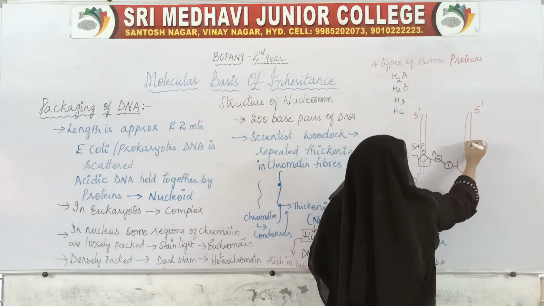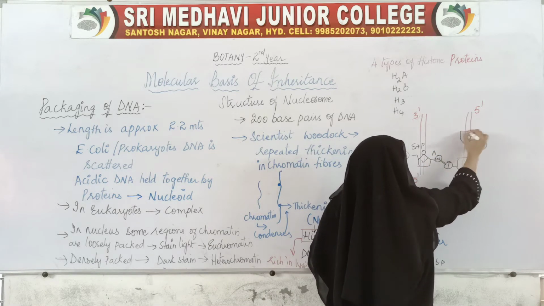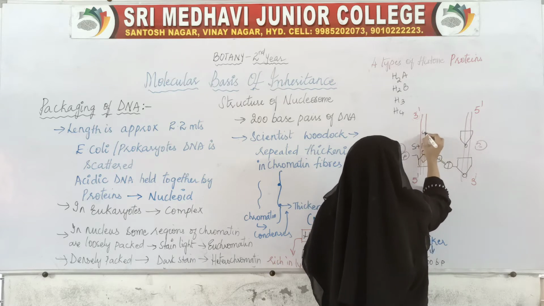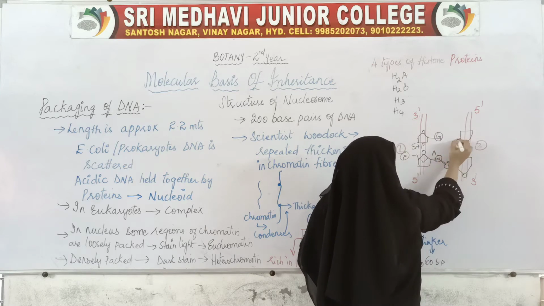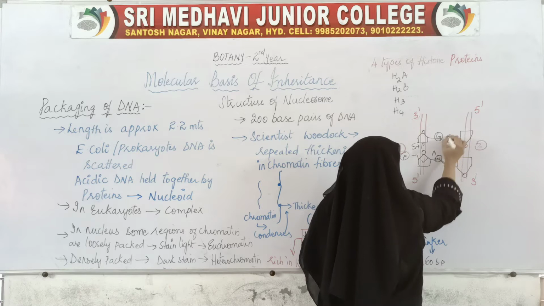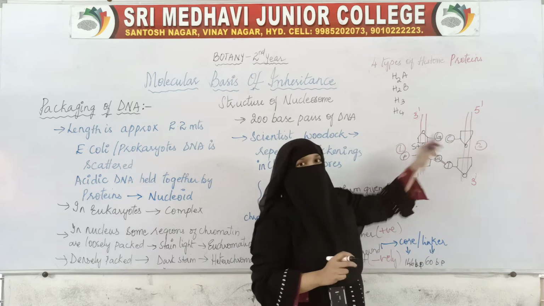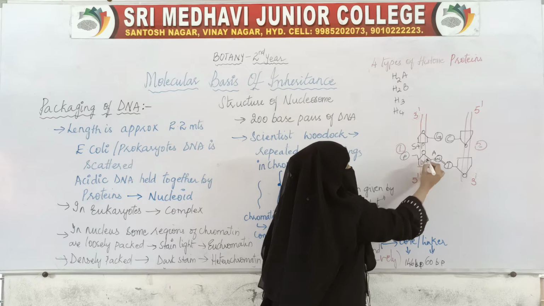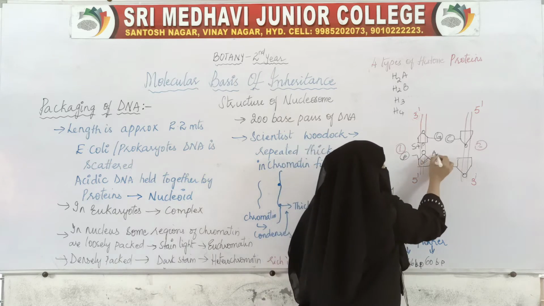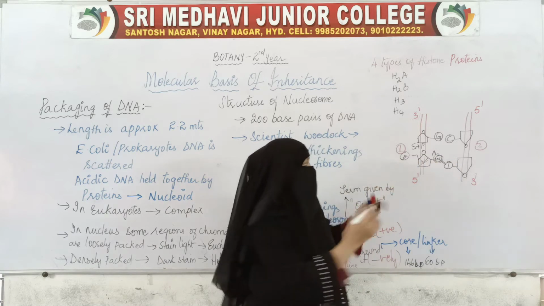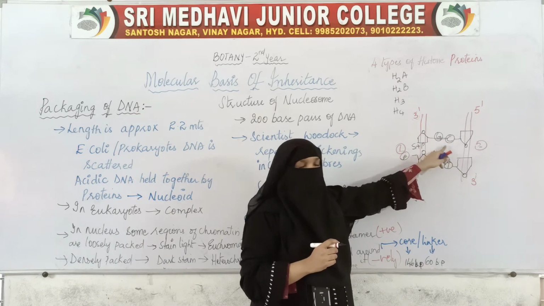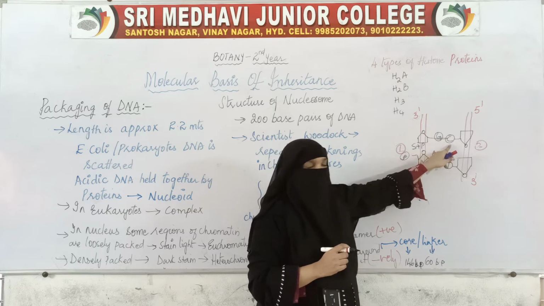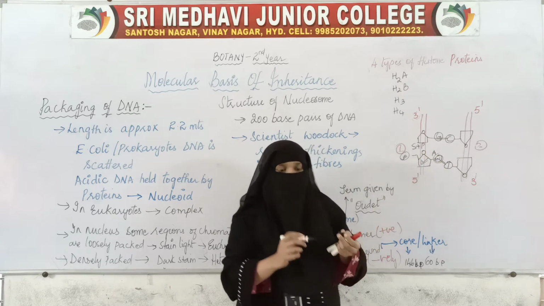If I take another one, and this is G, guanine, then here it will always be C. This is the sugar, this is the phosphate, and this is the nitrogenous base, and base pairing is there. Guanine always pairs with cytosine, and adenine always pairs with thymine.